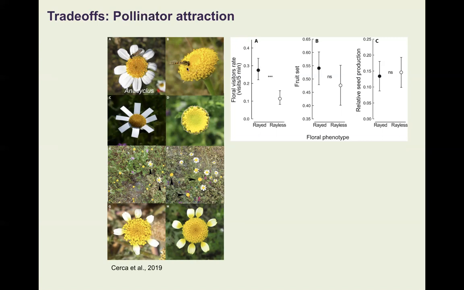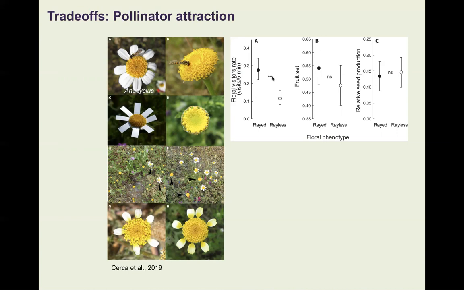And conveniently, it looks like the same kind of pollinator is visiting in both cases. So they said, all right, how important is this? You can do manipulations and either add them back if they weren't there, or snip them off if they were there. And in this population, they set up populations where there were some with and some without these rays, and pretty clean results.